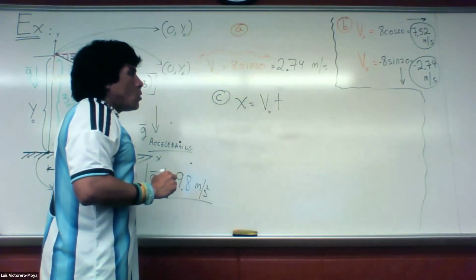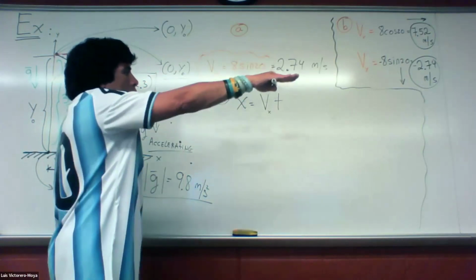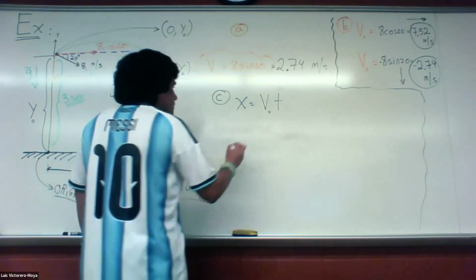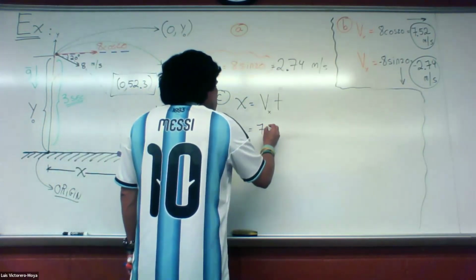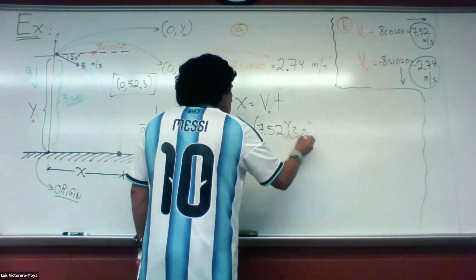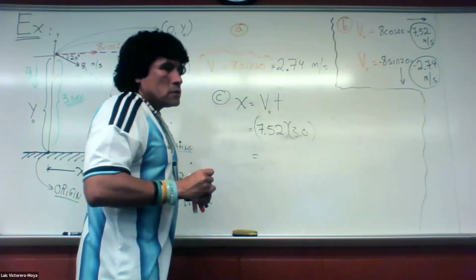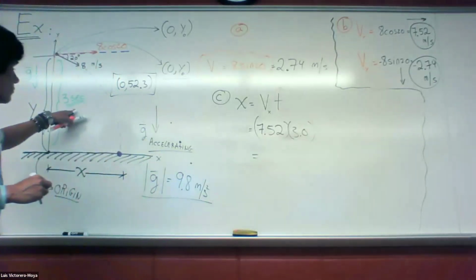Because we know the horizontal velocity is constant, that will be 7.52 times 3. Okay, so wait, is it 3 seconds or 9 seconds? 3 seconds.